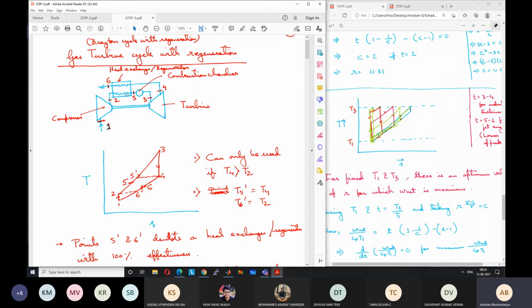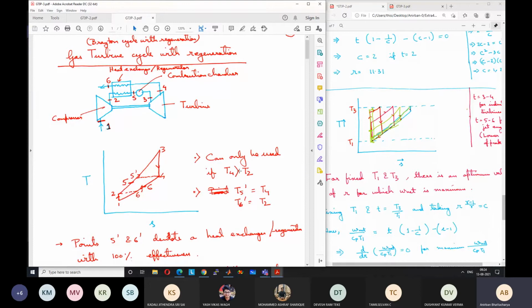Actually, heat transfer will occur in the opposite direction, and that will be detrimental to the cycle efficiency. So regeneration is only possible and beneficial if T4 is higher than T2.